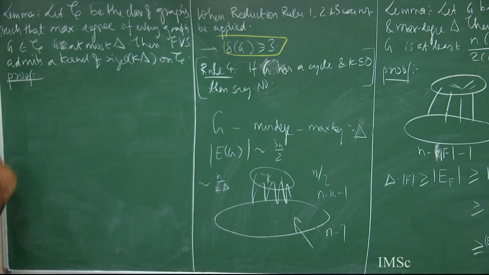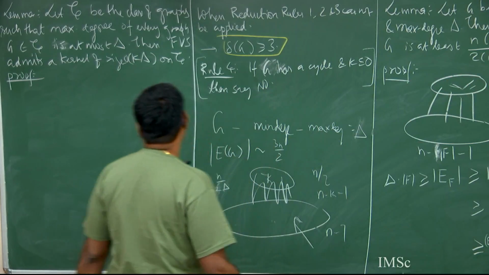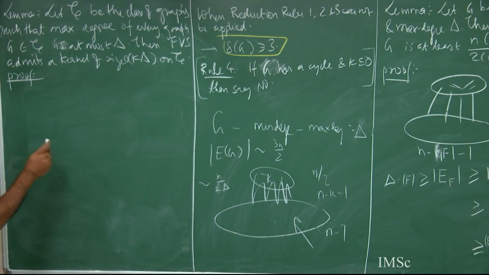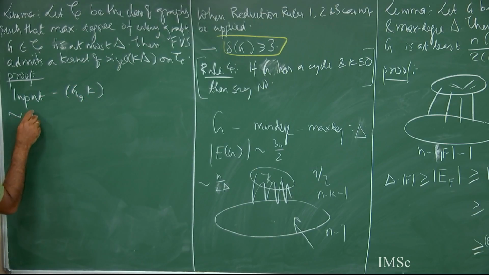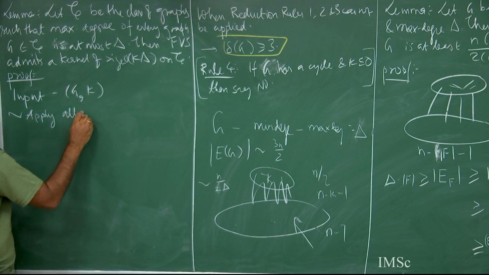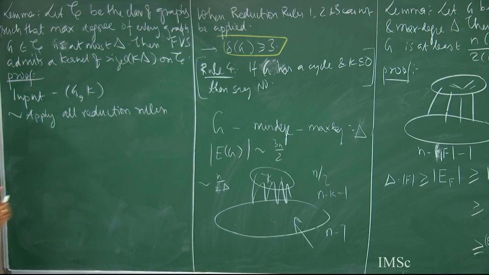What we know is that we can apply all preprocessing rules and assume that the graph has minimum degree 3. So the input is G comma k. Imagine that none of the reduction rules increases the max degree of a graph.